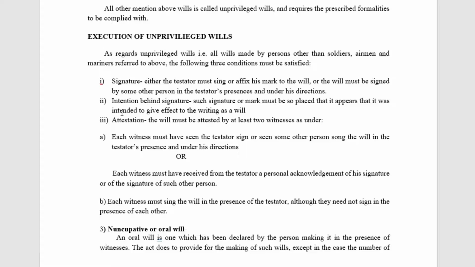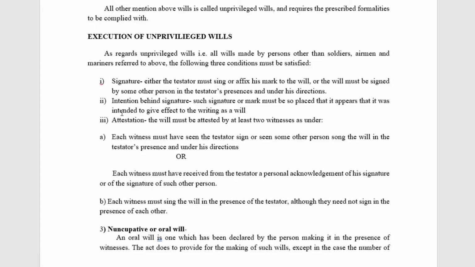So there should be clear intention when a place or space has been left out while preparing a will. There should not be any ambiguity. There should not be any dilemma after the death of the testator with regard to the execution of the will. So there should be clear intention. So that is the second thing.